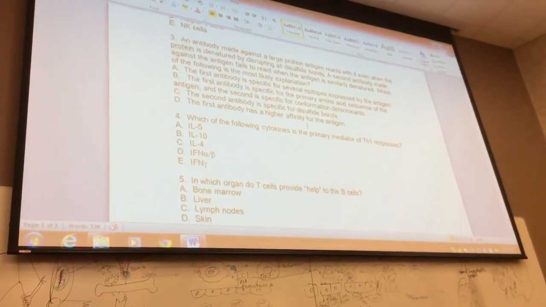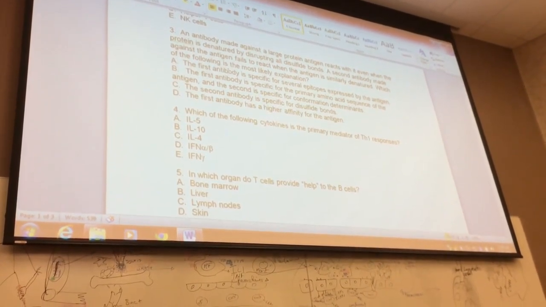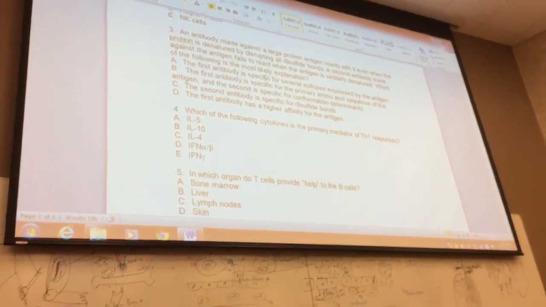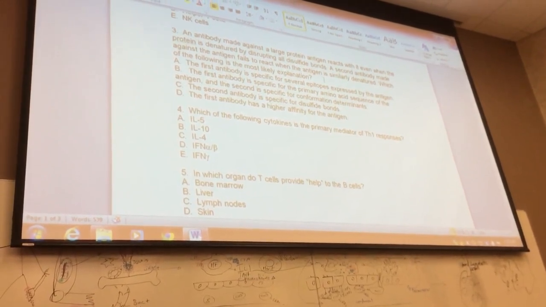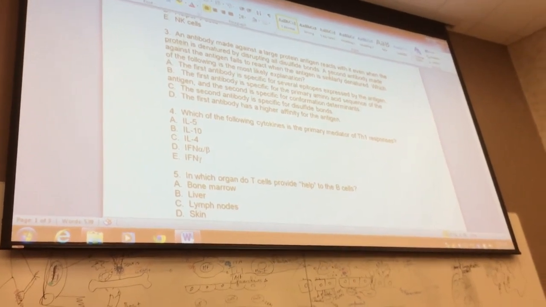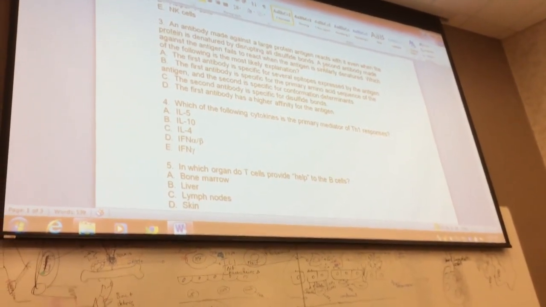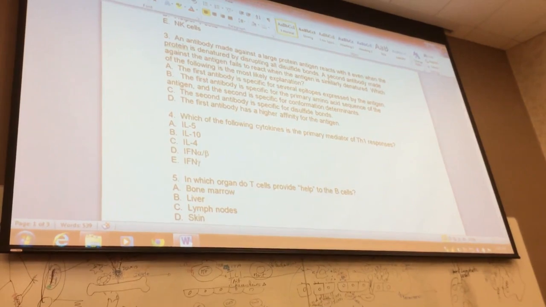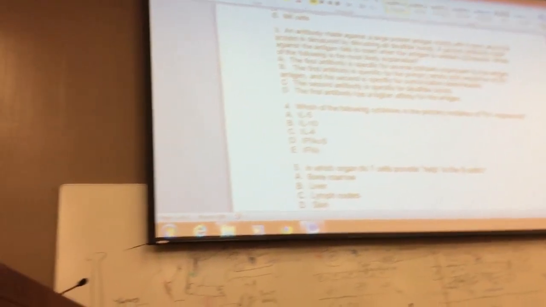This is a little wordy. An antibody made against a large protein antigen reacts with it even when the protein is denatured by disrupting all the disulfide bonds. A second antibody made against the antigen fails to react when the antigen is similarly denatured. Which of the following is the most likely explanation? B. Why? Because antibodies can recognize different components. Right. In the case where the antibody is recognizing the conformation of a blob of protein with secondary, tertiary structure, it's going to be different.